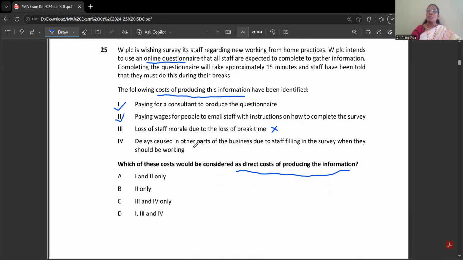So whatever we see, that is attributable, but it is not identified with the activity of collecting the data through online questionnaires. Okay, so whatever is the impact which we see, that is also a cost, but it will be counted as an overhead, not a direct cost.